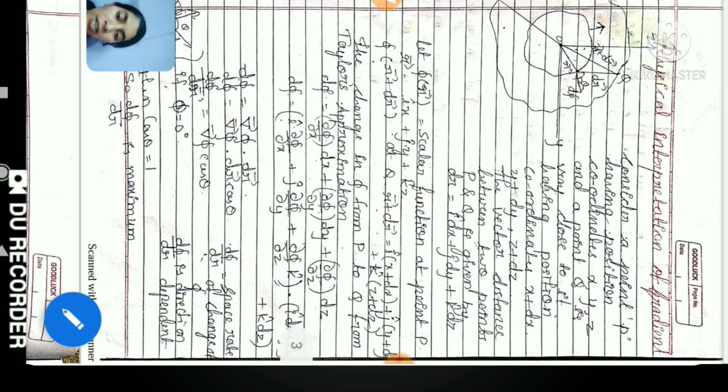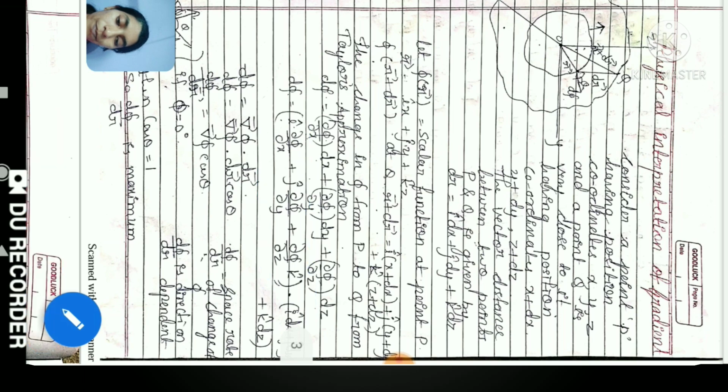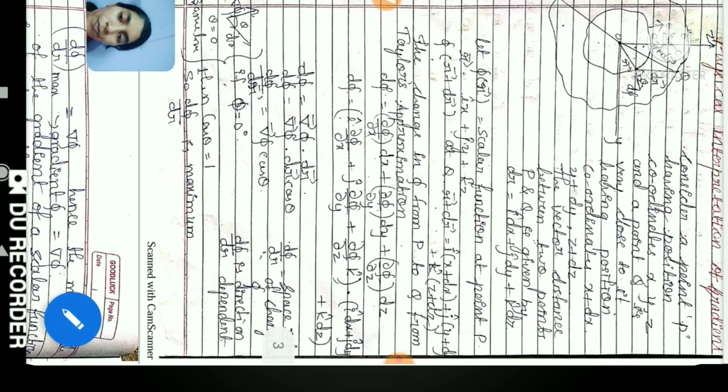After considering this equation, we can split this using the unit vectors: i into dou phi by dou x plus j into dou phi by dou y plus k into dou phi by dou z, dotted with i into dx plus j into dy plus k into dz.